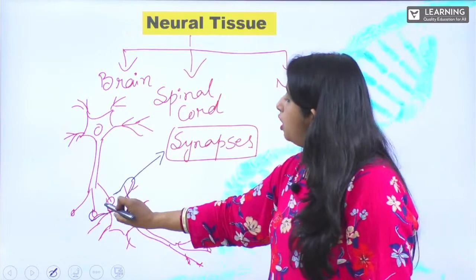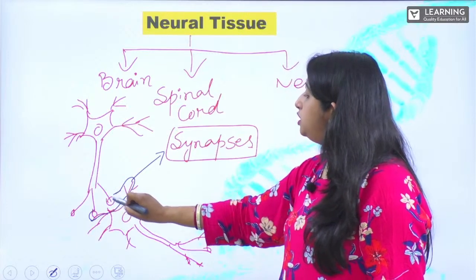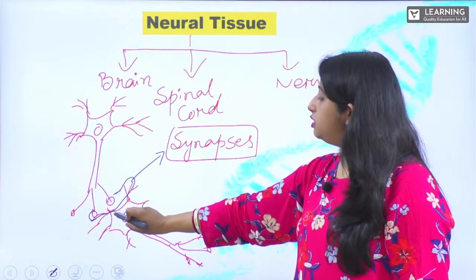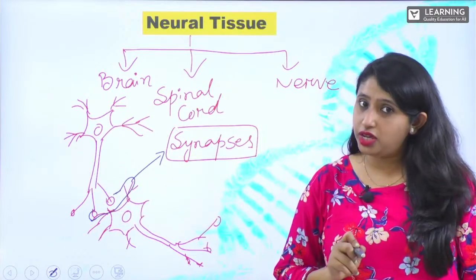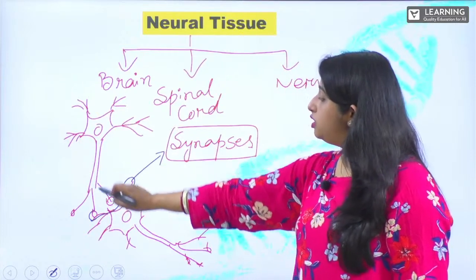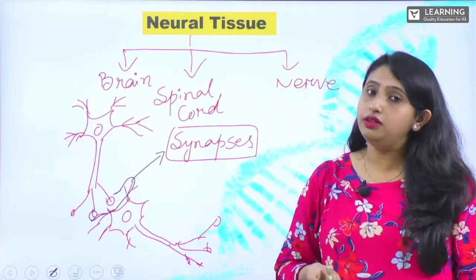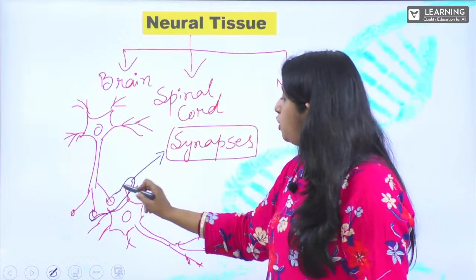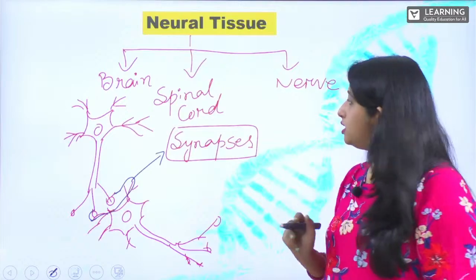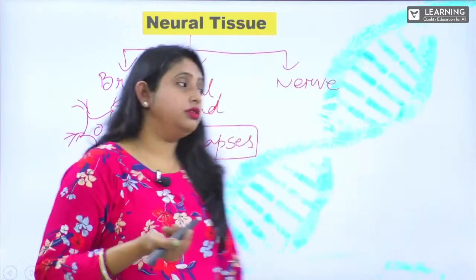You can see the ending of the axon terminal is joining with the dendrites. So when one nerve joins with another nerve, it forms a junction, right? That junction is known as synapses. Is that clear? So you can write down the synapses.